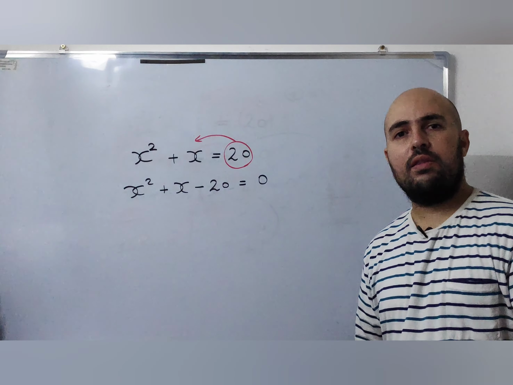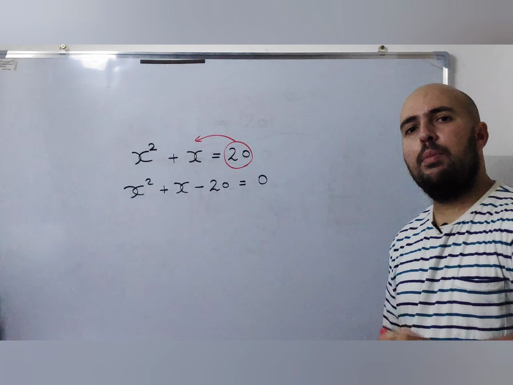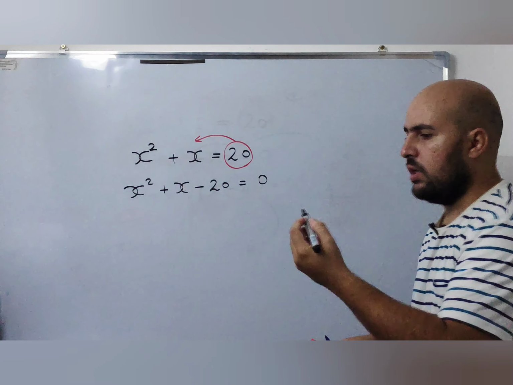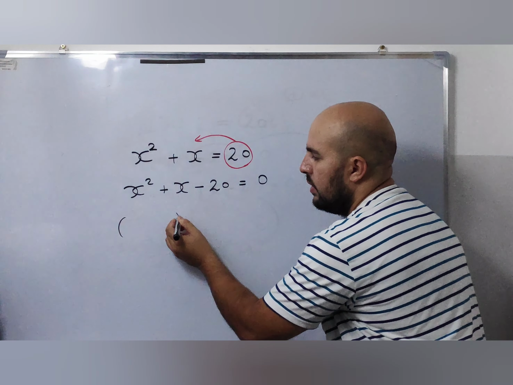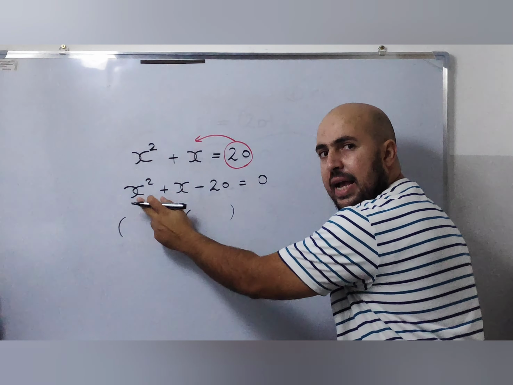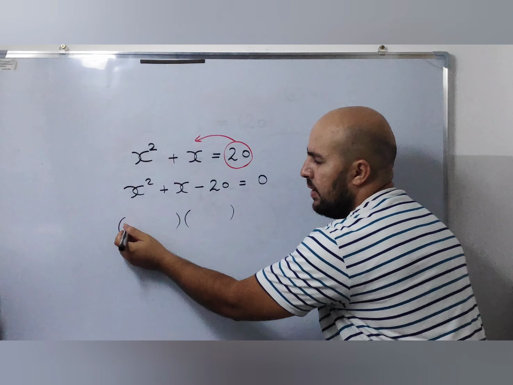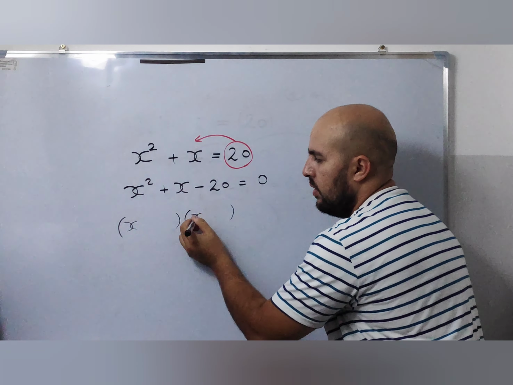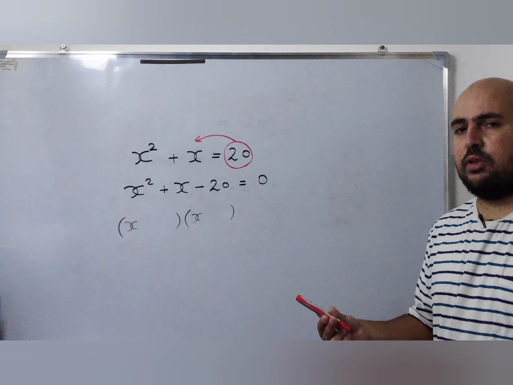So we're going to use what? Very good. The double bracket method. So we're going to put double brackets here. And then the x squared is going to be what? Very good. x times x, because x squared is x times x.